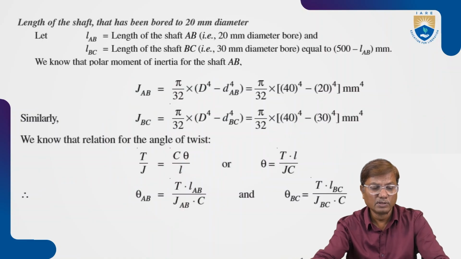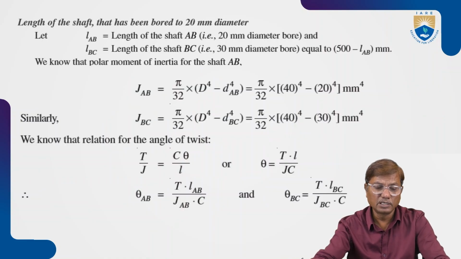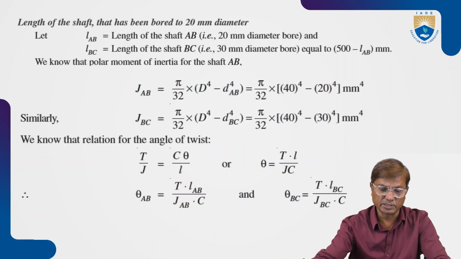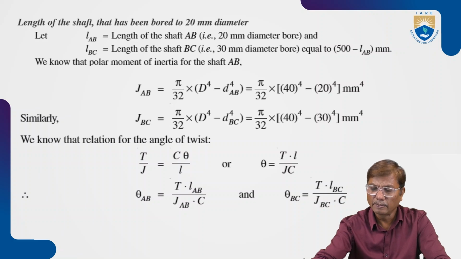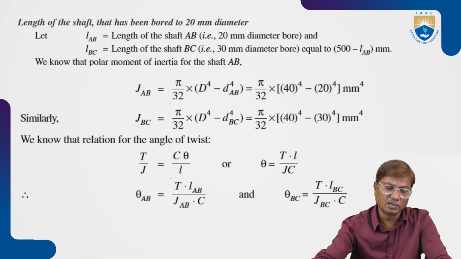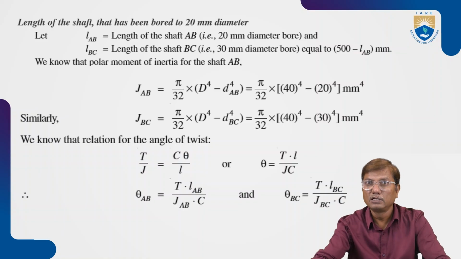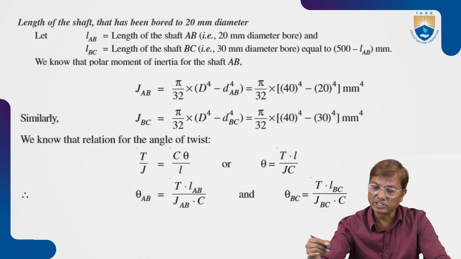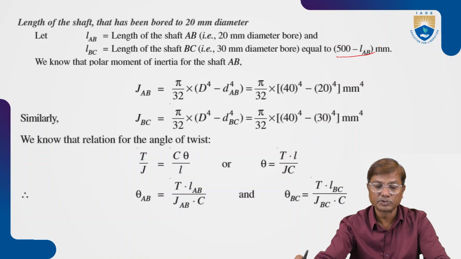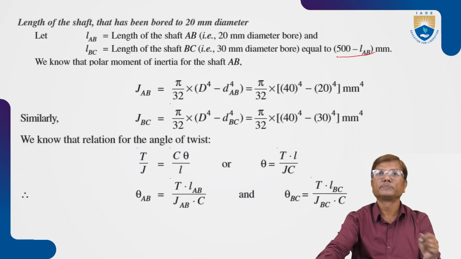Now to find the lengths of portions AB and BC. Here L AB is the length of shaft portion AB, and L BC is the length of portion BC, which is equal to 500 minus L AB.